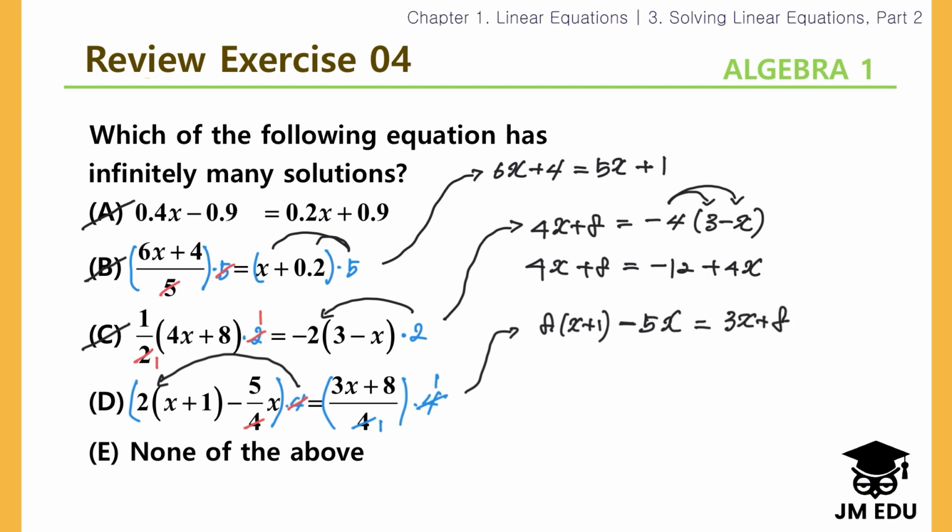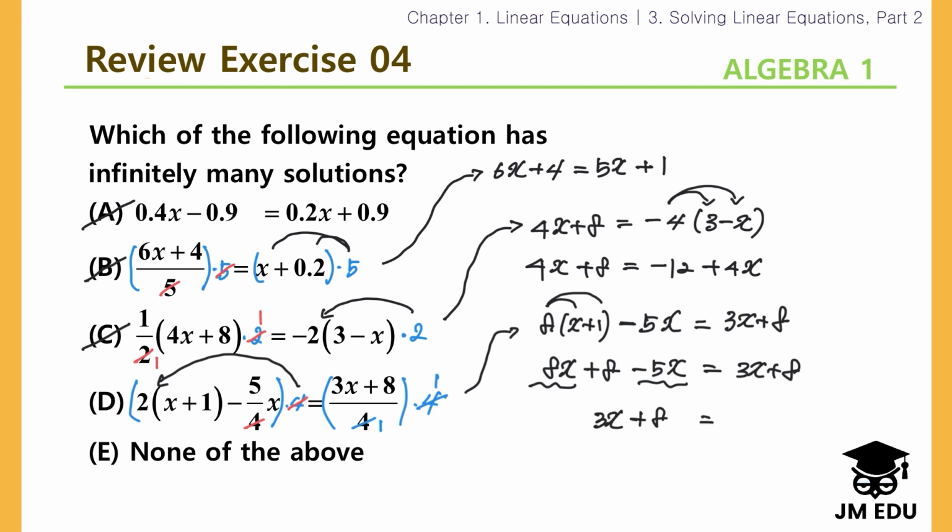Okay, let's simplify the left hand side. 8 times x, 8x. 8 times 1, that's 8. Minus 5x is equal to 3x plus 8. Here we have like terms, x terms. 8x minus 5x, that's a 3x. And we have a plus 8.